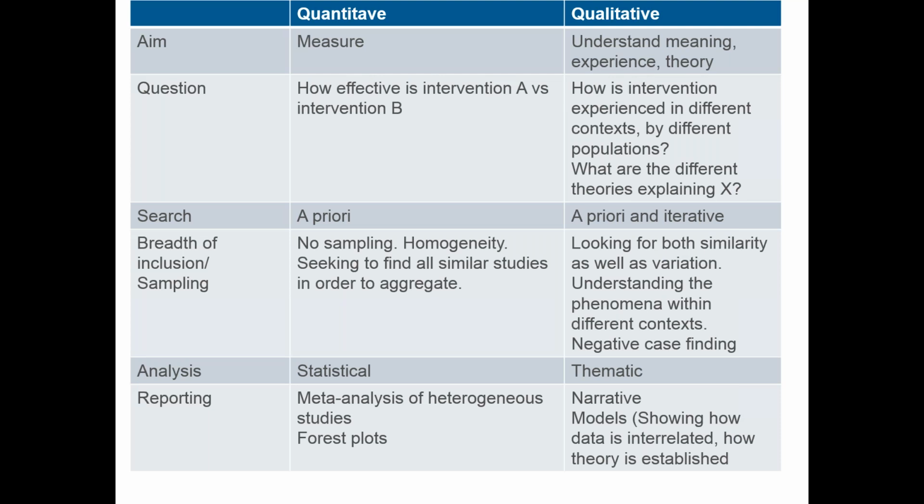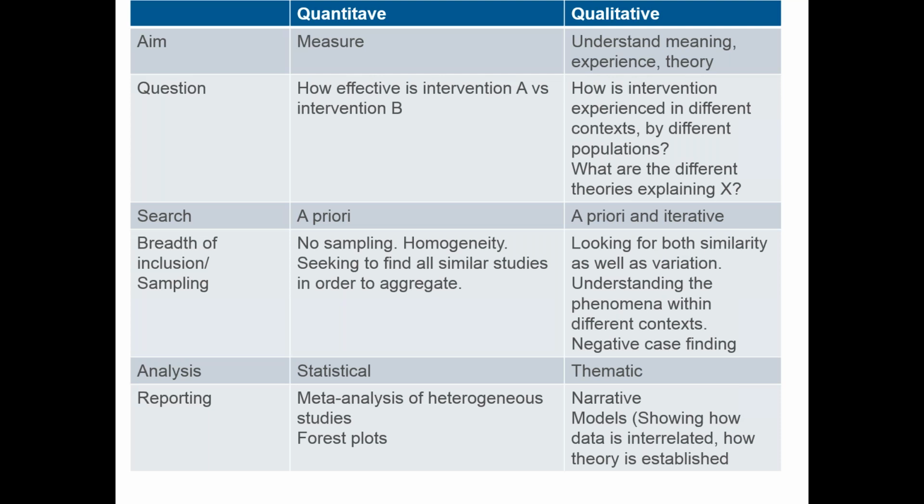Or even if we went to two islands, say an island like Samoa and an island like New Zealand, which are close together, but they have some similarities, but very different health systems, very different resource access. And so one then finds studies from one context, finds studies from another context, and one compares them, okay? So those are the basic differences.